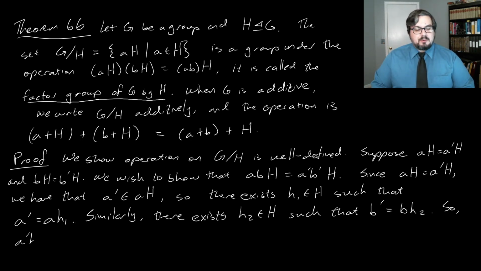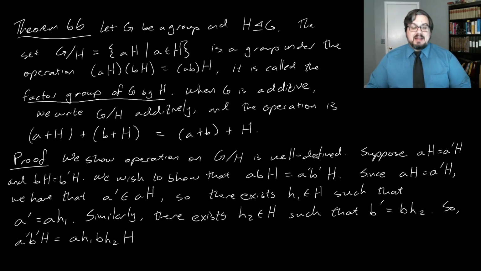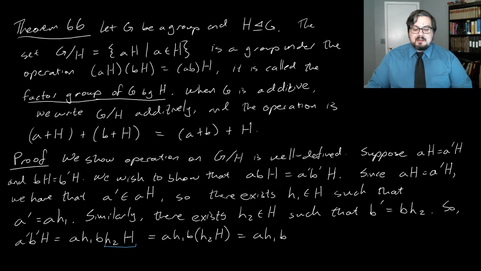If we take A prime B prime H, that's the same as AH1 times BH2 H. And we want to show that this is equal to just AB times H. Well, first of all, notice that H2 belongs to H. And so for any element of H, if we look at the coset with that representative, that's just the set back.